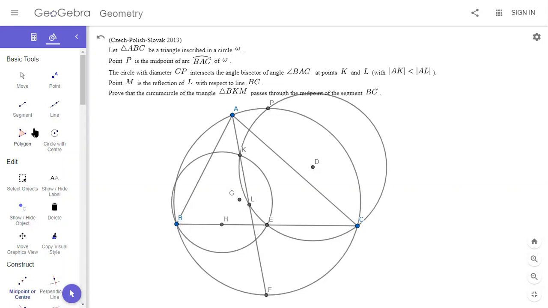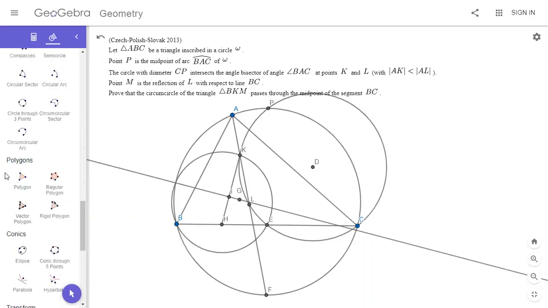So I think, let me try something here. I wonder if LG... I think if we reflect this point, oh, it lies on the circumcircle.